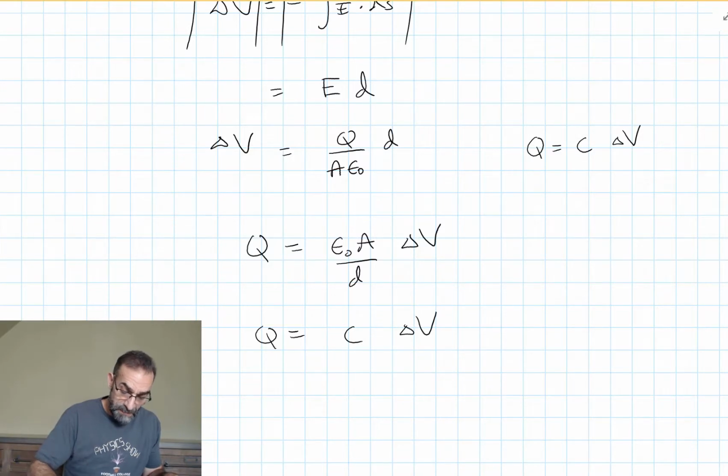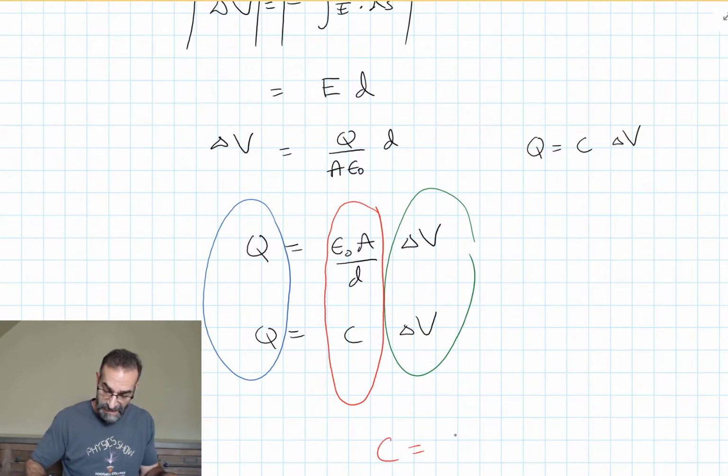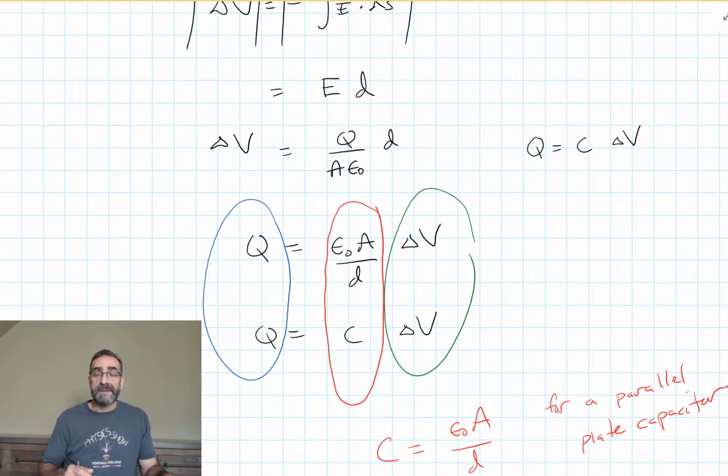I've got my Q on the left, I've got my delta V on the right, and that means that this stuff here must be my capacitance. Now this is the capacitance for a parallel plate capacitor with nothing between the plates, just vacuum between the plates.